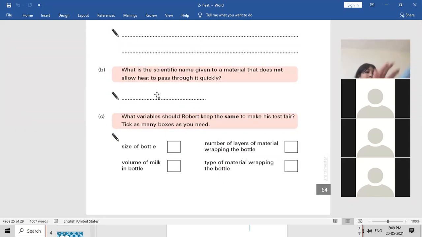He will not change those things. The volume of milk, yes. And the number of layers of the material wrapping the bottle. Very good. And also the size of the bottle. Yes. Very good. So those 3 he should keep the same. The only thing that he should change is the type of the material wrapping the bottle.